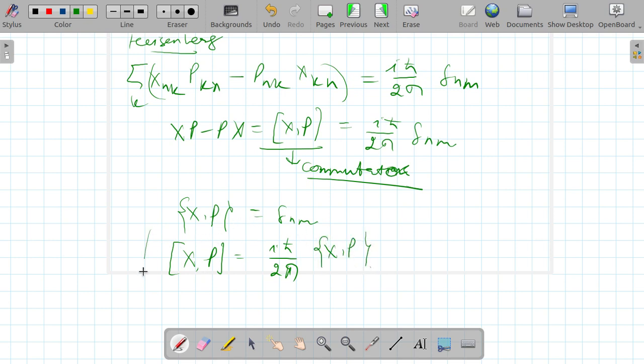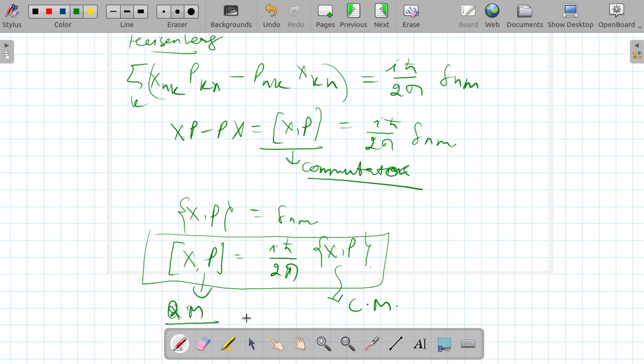So this is a very important result connecting quantum mechanics and classical mechanics, because this is the classical mechanics result and this is the quantum mechanical result, right? So this relationship is a very important relationship which connects the Poisson bracket and the commutator.